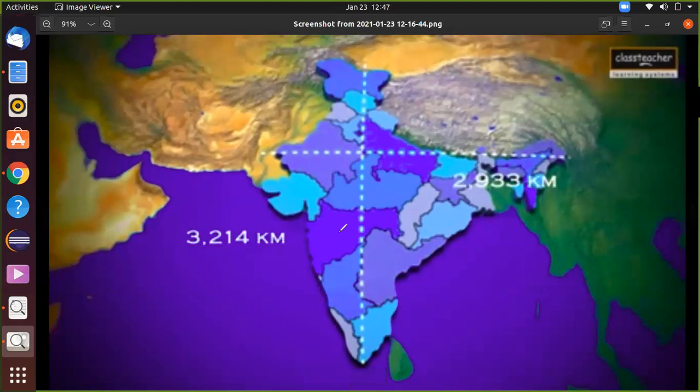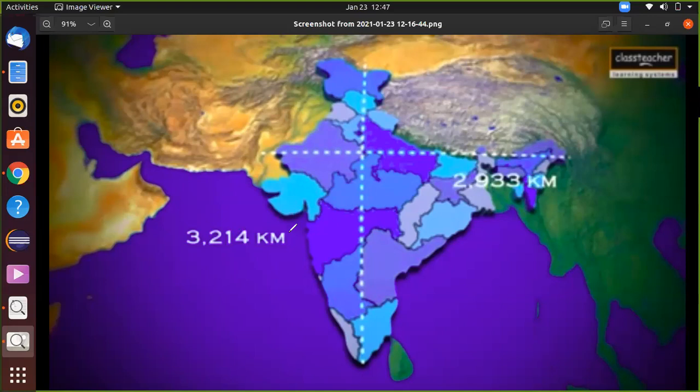So if you can see here, approximately these are the same. There is a difference of almost 250 kilometers between the extension from north to south and the extension from west to east. So we can say these extensions are approximately the same.